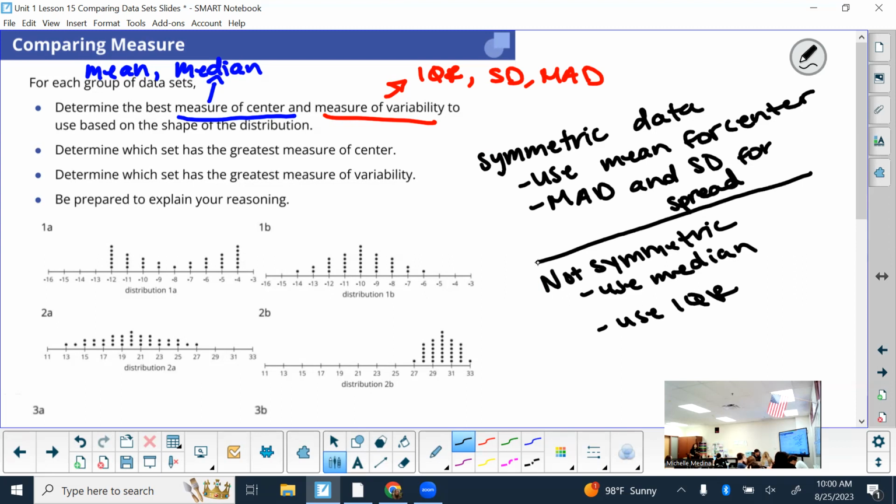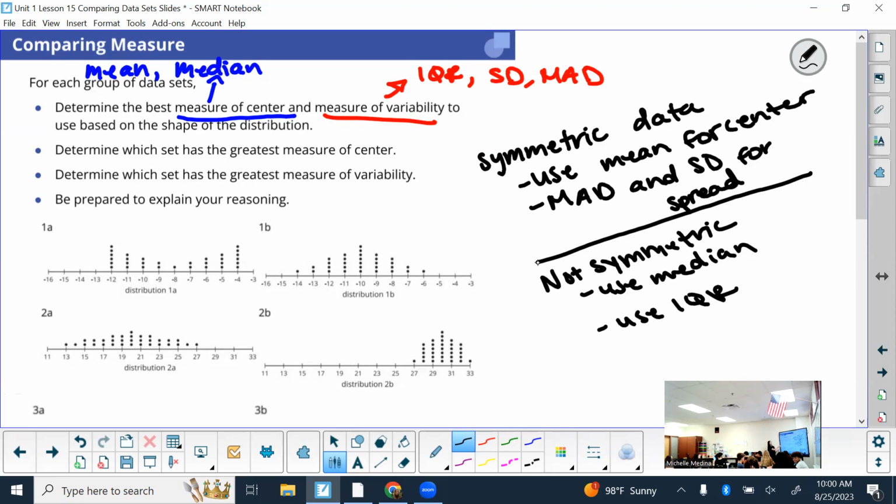All right, we talked about it before. I still need to give you time to do the activity. So in your groups, you are going to have a discussion about each data set. For data set 1A, you're going to decide, will I use the mean or the median?